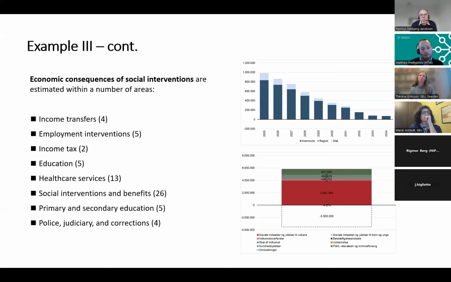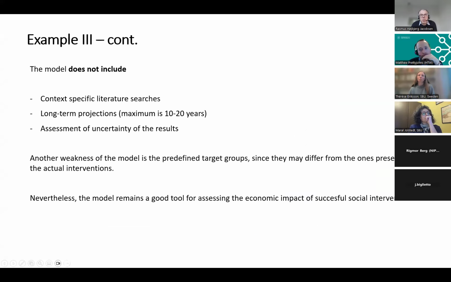Okay, next slide. I think that's the last one. So what is not in the model are content-specific things, for example literature searches. It doesn't have long-term projections. Some social areas, such as childcare services, have possible long-term impact, so that's not in the model.